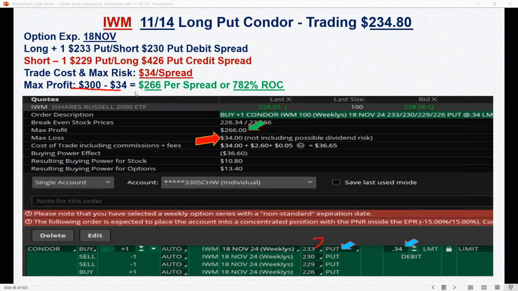Our risk, after the adjustment, was $34. That's it. So if we messed it up, we lose 34 bucks, potential to make 266, potential to make 782% return. That's why these trades can really boost your equity curve fast.